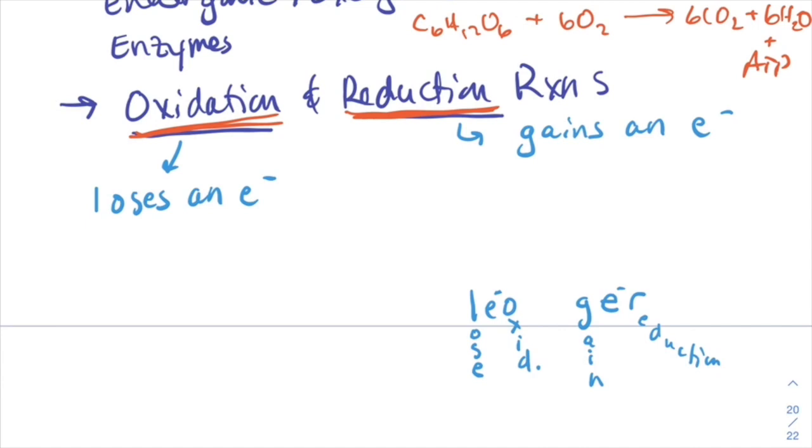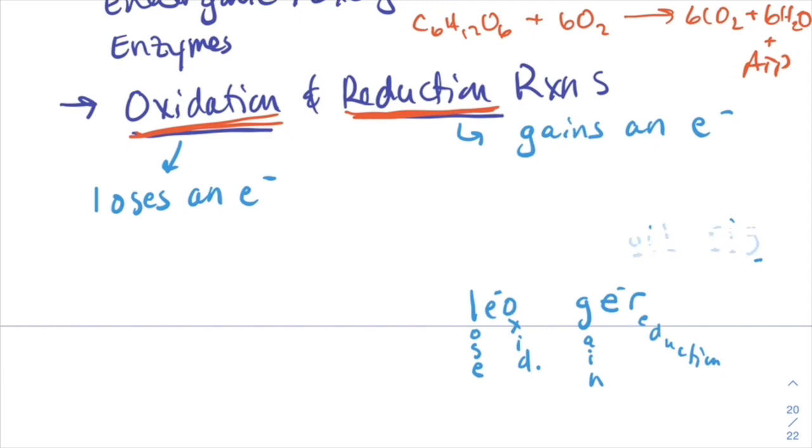Sometimes people do OIL RIG. Oxidation is losing an electron and reduction is gaining an electron. I like Leo goes grr because it's sillier. Like, who says it goes grr? It's like we're talking to a child here. But OIL RIG might work for you too.